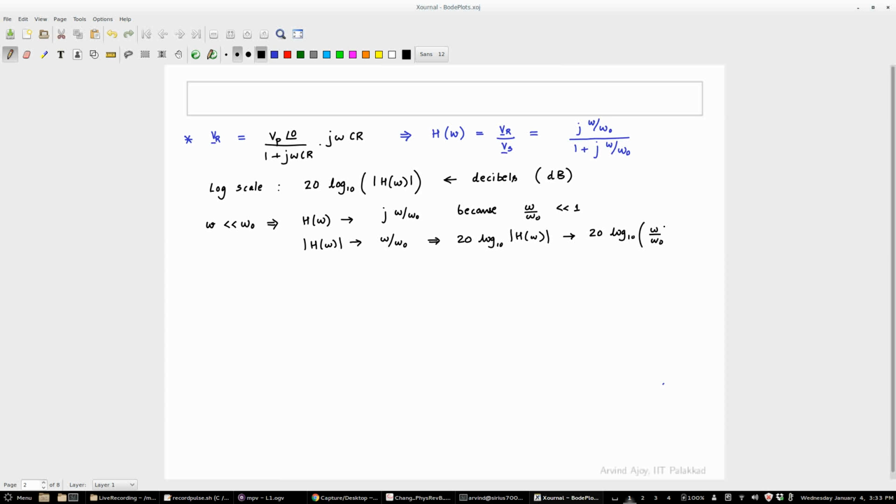So the magnitude of H of omega goes as omega by omega 0, which means that 20 log base 10 of magnitude of H of omega goes as 20 log base 10 of omega by omega 0.